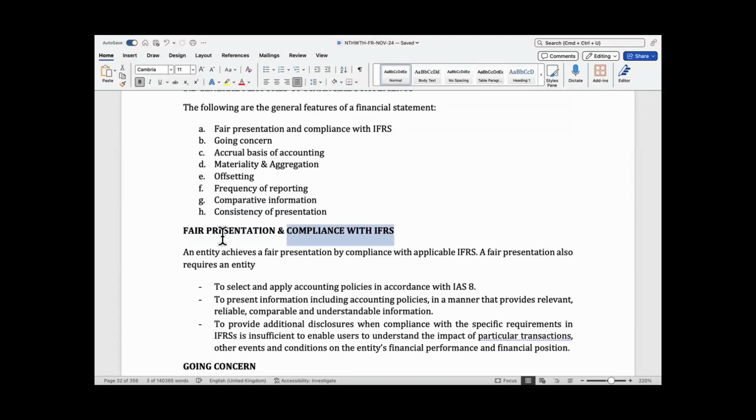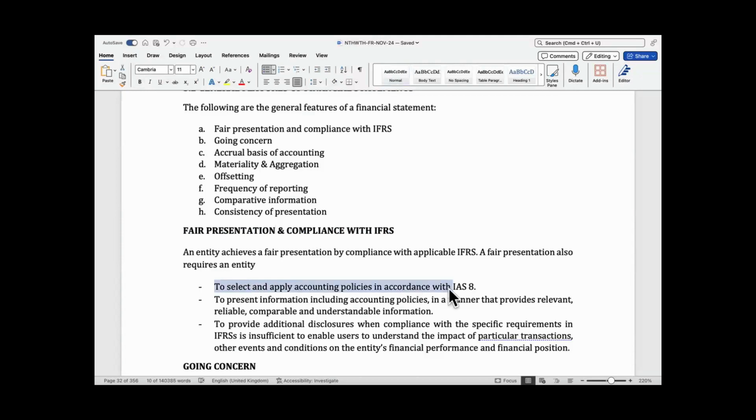And when I say fair presentation, it is similar to what I mentioned under fundamental characteristics when we were looking at the conceptual framework. Under faithful representation, it's the same thing. So fair presentation and compliance with IFRS. When we talk about presenting fairly, it requires that the entity must select and apply accounting policies.